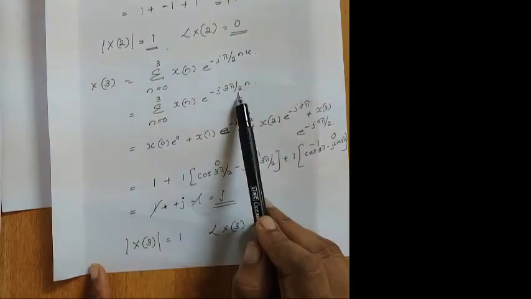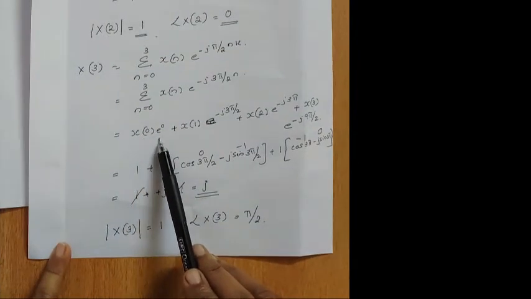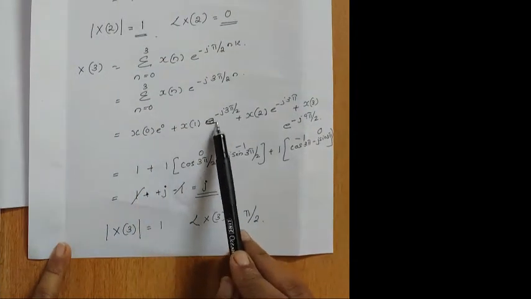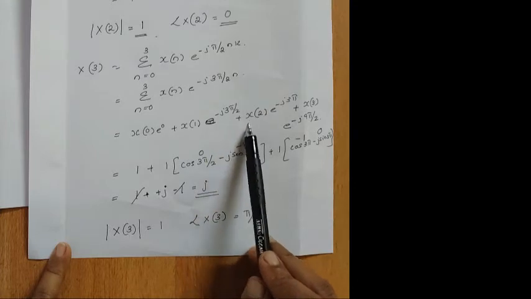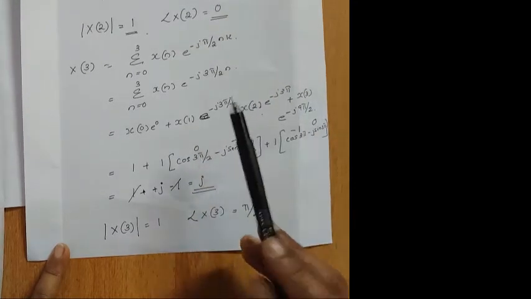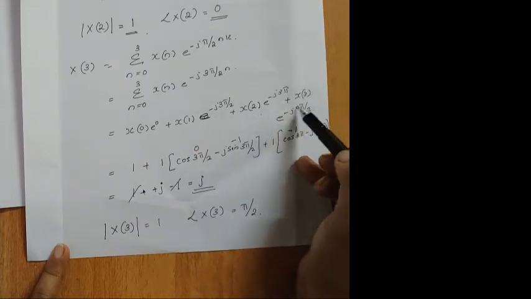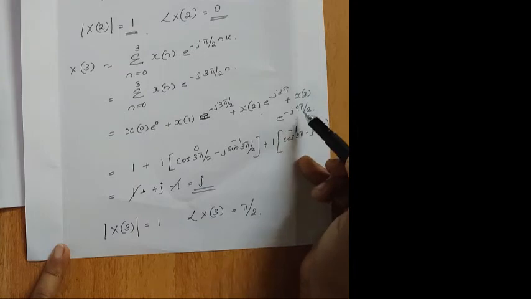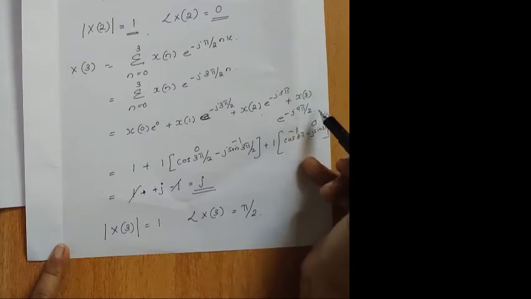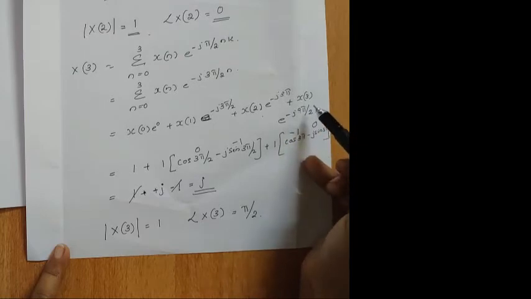When you get 3 pi by 2 n, we substitute the value of each and every step. It is e power 0 plus x of 1 into e raised to minus j 3 pi by 2, plus x of 2 into e raised to minus j 3 pi, because you are substituting 2 for n over here. Then x of 3 is e raised to minus j 9 pi by 2. Okay, we can omit this third term, x of 3, because the value is 0.